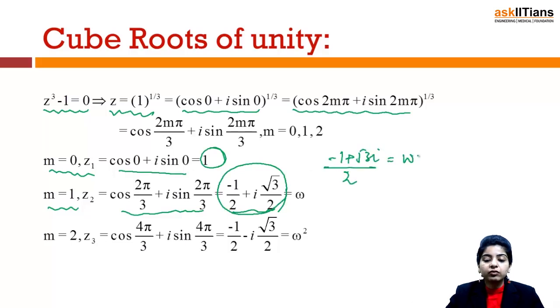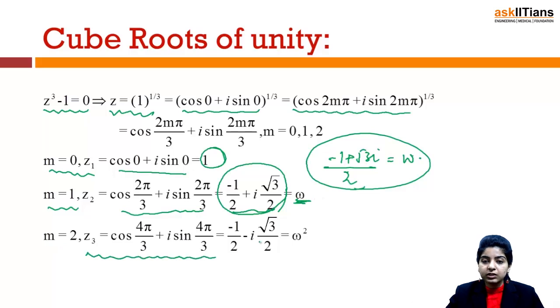This we term as omega, and it is denoted by this symbol. Then for m equal to 2, we will get cos 4 pi by 3 plus iota sine 4 pi by 3. That will become minus 1 by 2 minus root 3 i by 2. So this value we term as omega square.